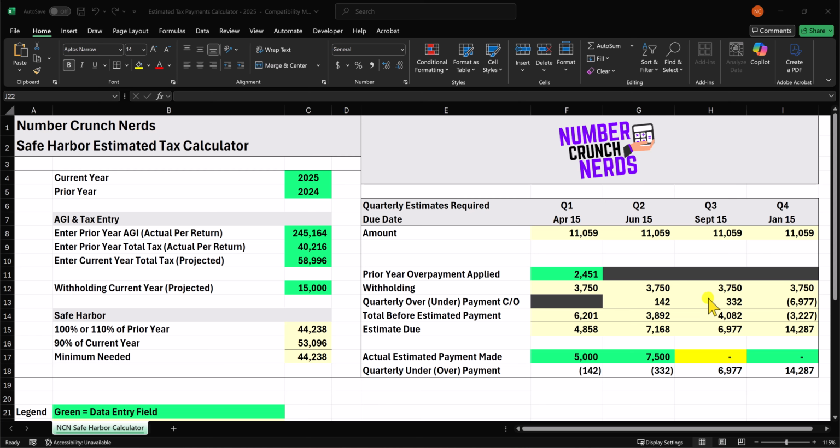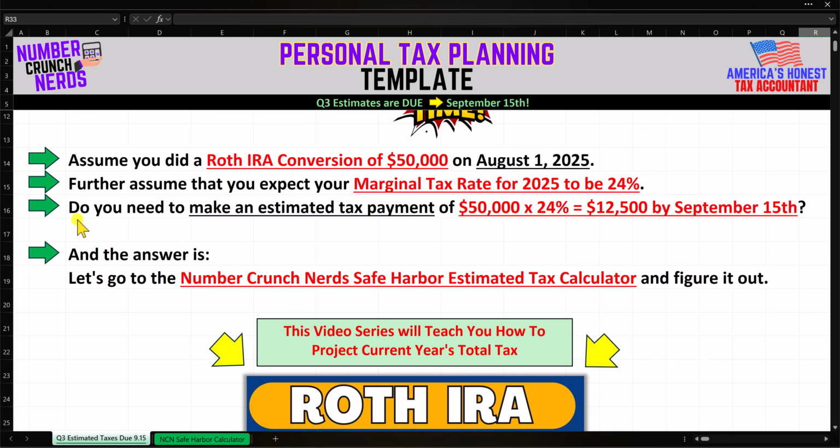That gives us a grand total amount paid in so far of $4,082. We take our minimum required estimate of $11,059. We subtract off our $4,082, leaving an amount due for Q3 of $6,977.